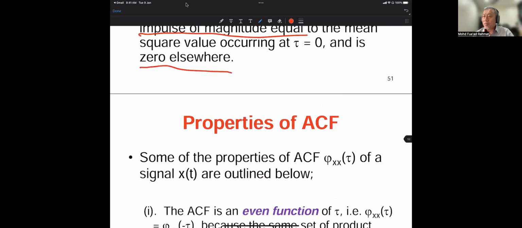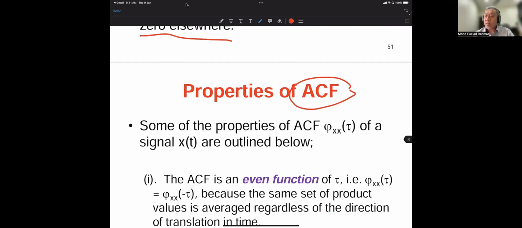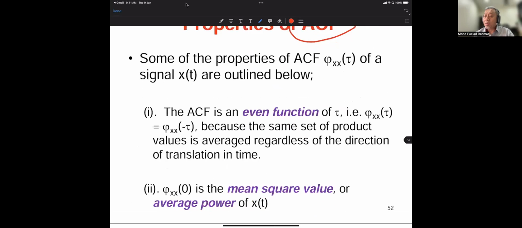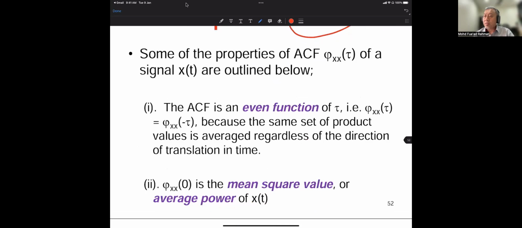For autocorrelation functions, there are properties that we must understand and must know, as shown here. The ACF is an even function of tau.